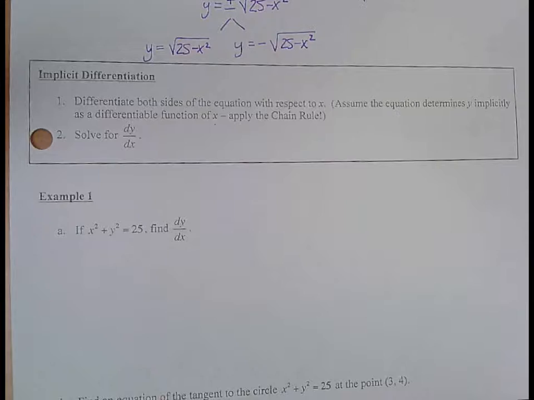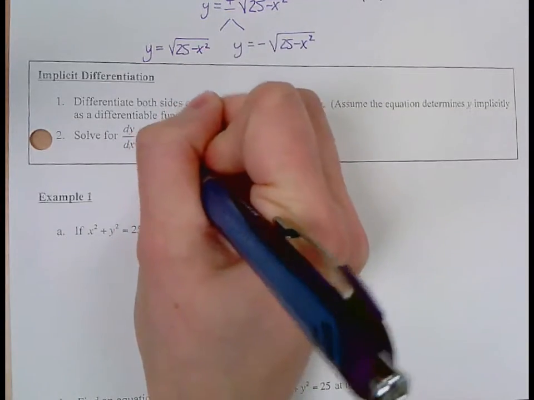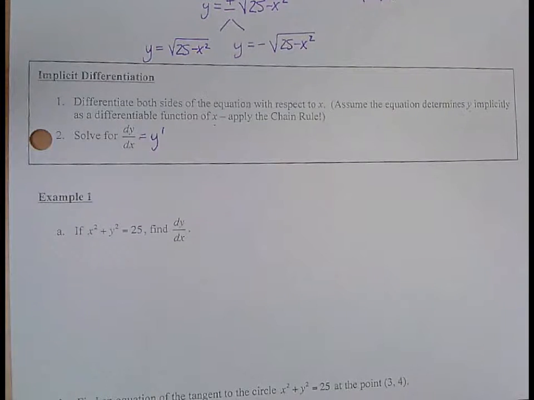And then you are solving for dy/dx, which is y prime. So if you want to write y prime instead of using Leibniz notation, that's fine. But ultimately, when you're finding the derivative, you are still trying to find the derivative of y. That's our end goal. It's just we're not starting out with y already by itself.